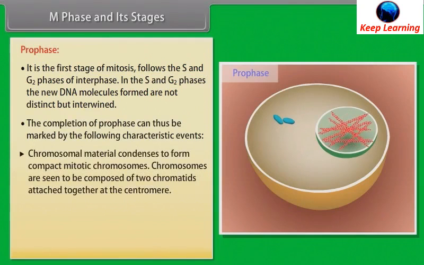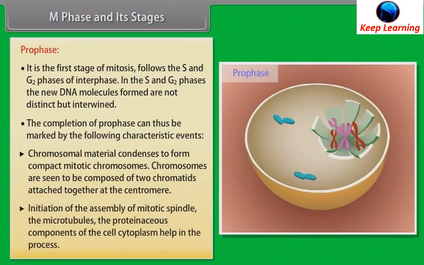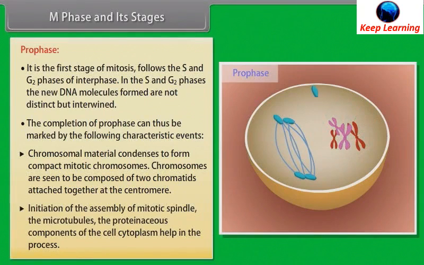Chromosomal material condenses to form compact mitotic chromosomes. Chromosomes are seen to be composed of two chromatids attached together at the centromere. Initiation of the assembly of mitotic spindle occurs, in which the microtubules, the proteinaceous components of the cell cytoplasm, help in the process.